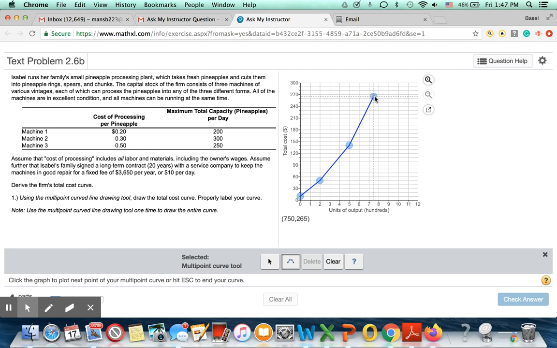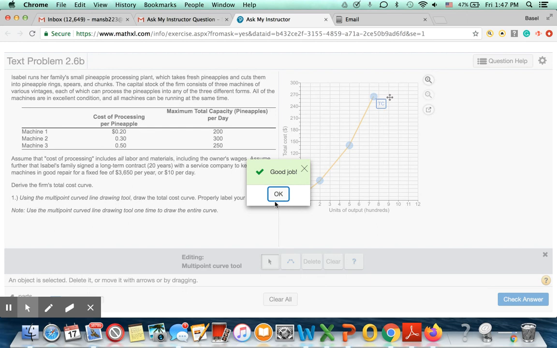Yeah, and then okay, now it works. Total cost. Let's check the answer. Here we go.